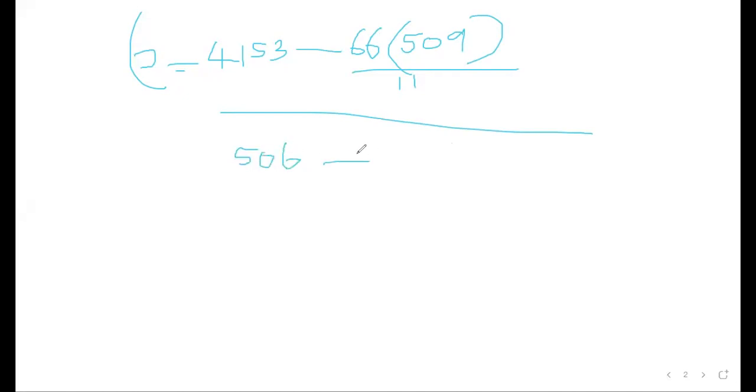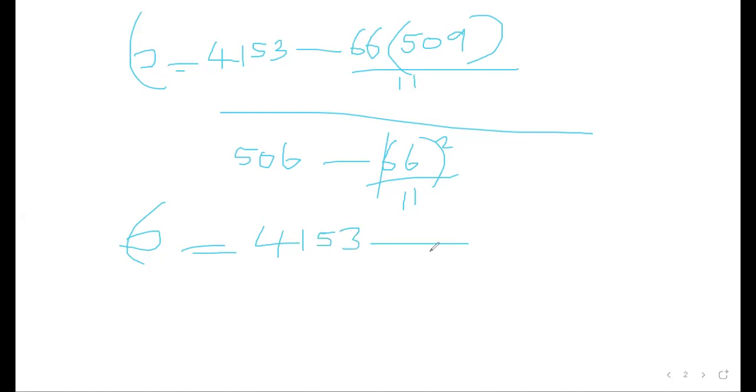Then 66 square over 11. Our b is actually going to be 4153 minus 66 multiplied by 509 divided by 11, which is 3054, over 506 minus 66 square divided by 11, 396.